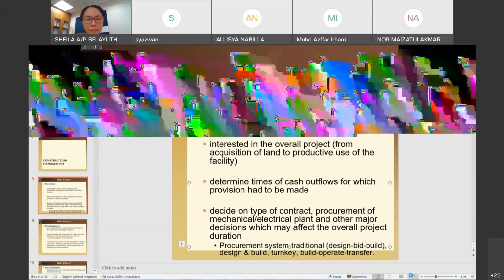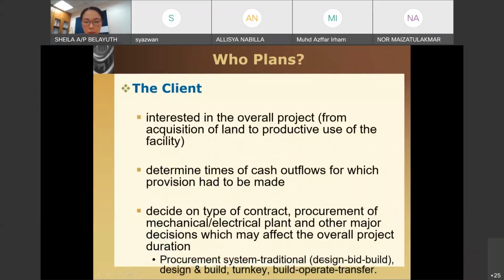Sometimes this procurement system is used interchangeably as contract system and so on. But to ease the understanding, usually I would separate it. One I call the procurement system, which is basically how we get the contract, how contracts are signed between the stakeholders.